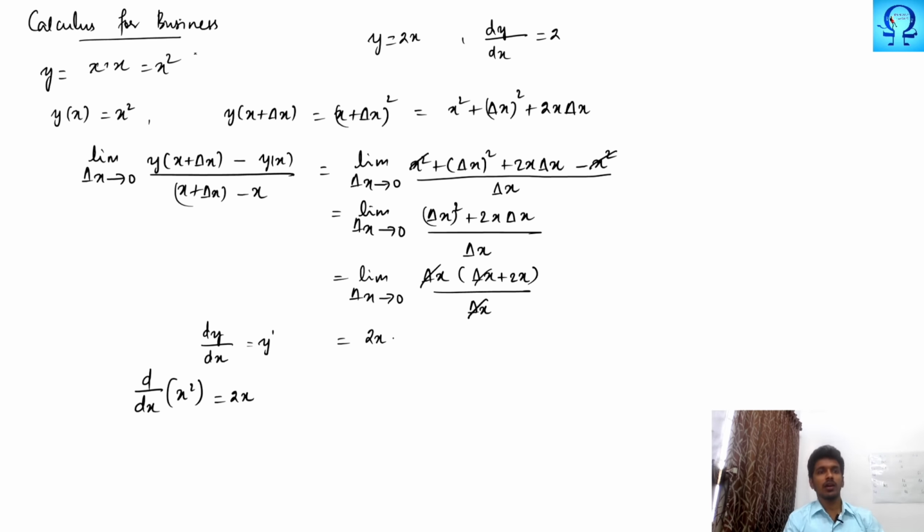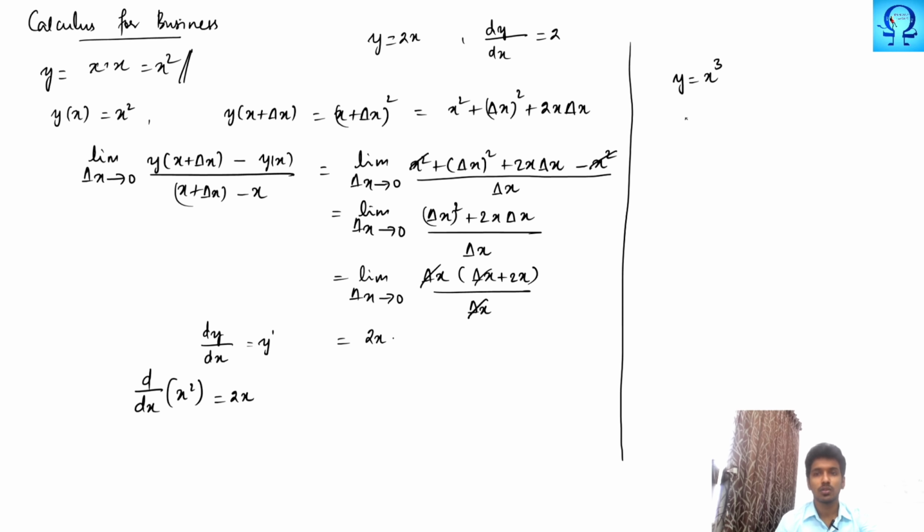Okay, when we have something of this sort, this is fine. Let us try to extend this idea. That is, y is x cube. In this case we need x plus delta x whole cube, right? So let me give you the formula if you don't remember. That is, a plus b whole cube is a cube plus 3a square b plus 3ab square plus b cube.